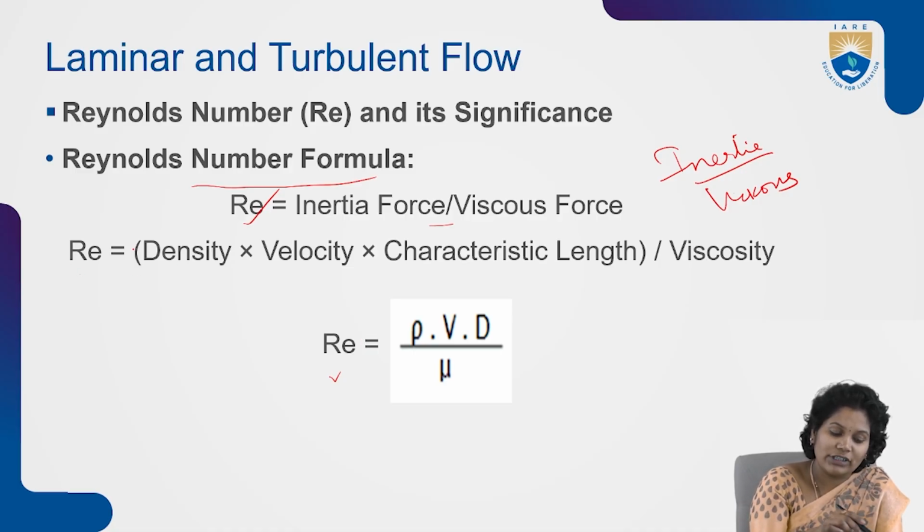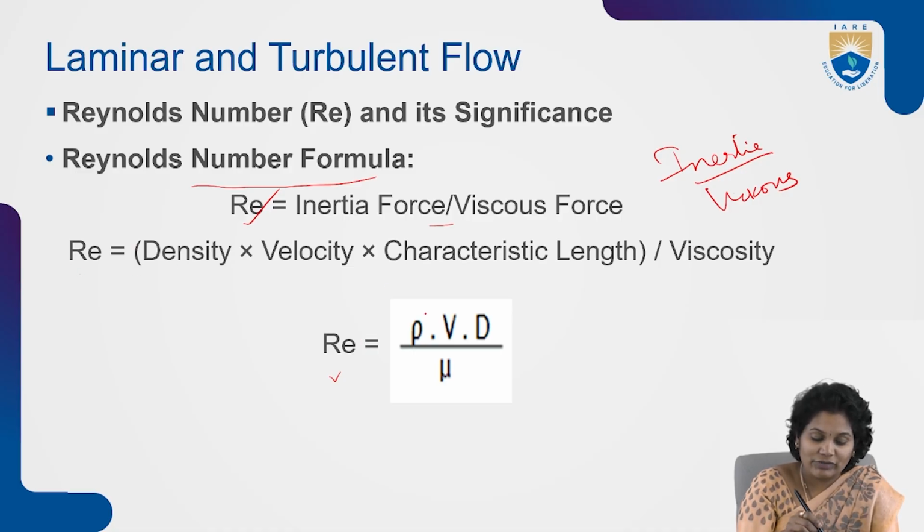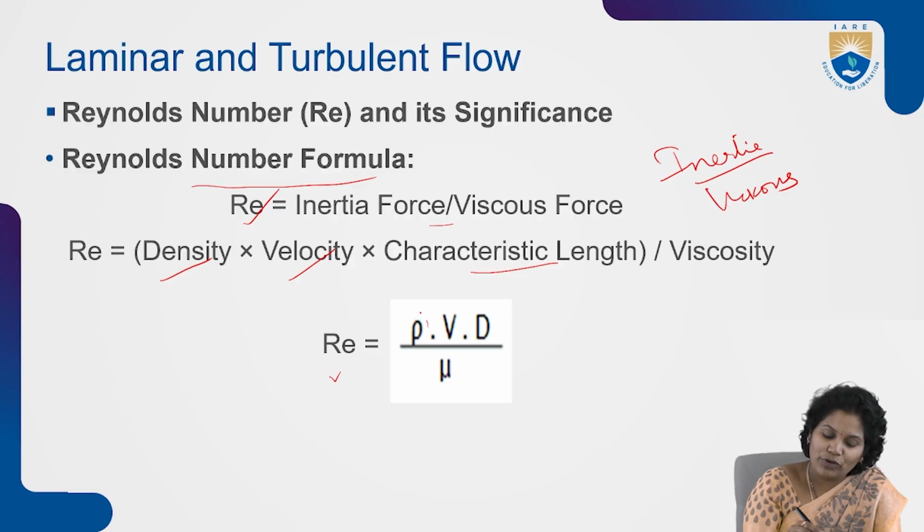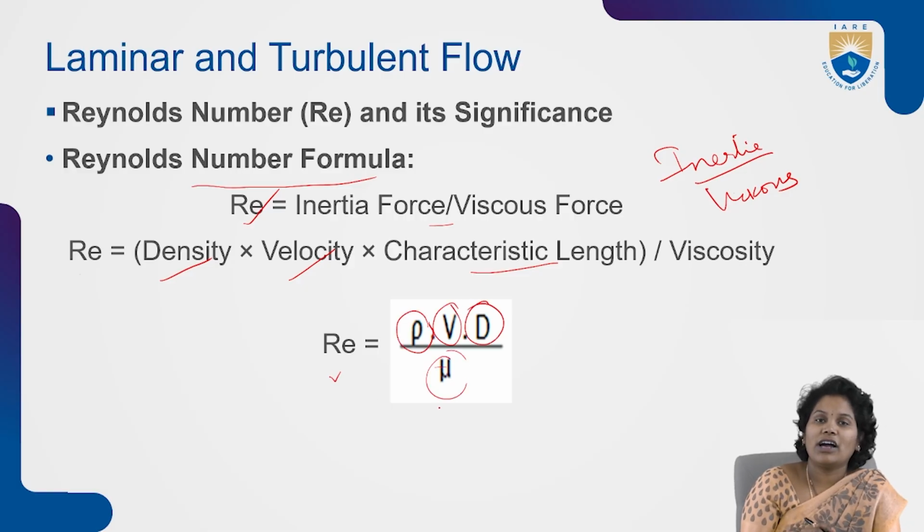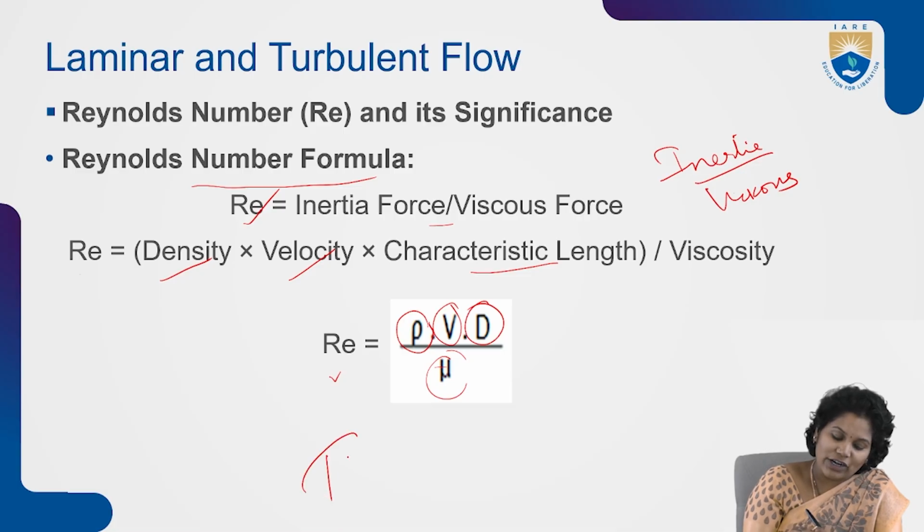The main factors contributing to calculating the Reynolds number are density, velocity, and characteristic length, divided by viscosity. So that is rho v d by mu. These factors contribute to calculating the Reynolds number.